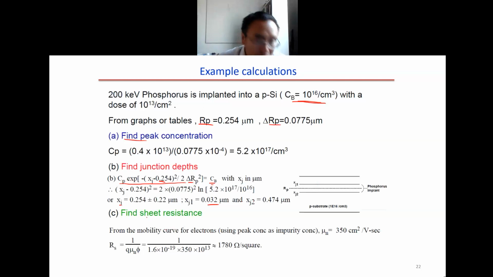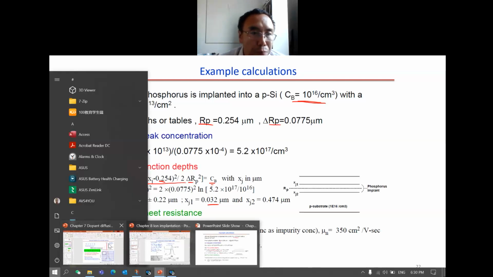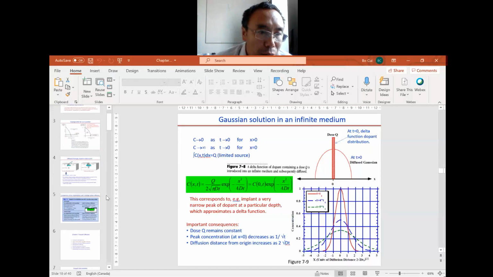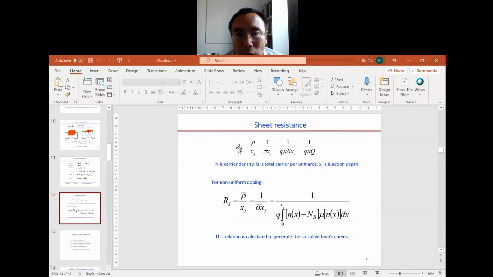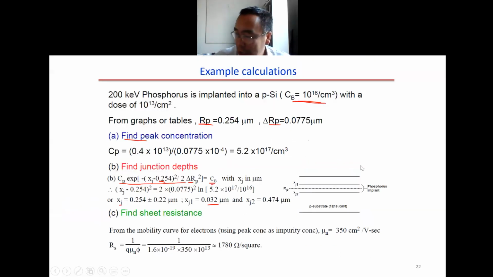Now find the sheet resistance. We have talked about the sheet resistance in chapter 7. The sheet resistance is given by this formula: Rs equals 1 over Q mu Q. Here Q is the dose, the total carriers per unit area. Mu is the mobility, and q is the charge. So we have q equal to this number here, and the dose is 10 to the power 13.